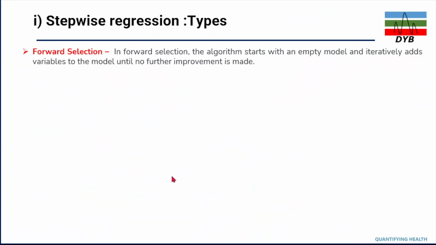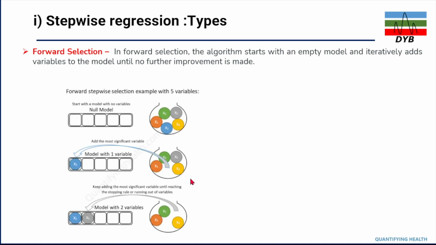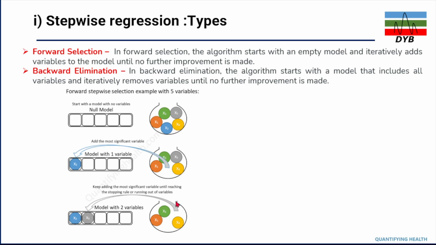There are some types of stepwise regression. First is forward selection. In forward selection, the algorithm starts from an empty model, and iteratively adds variables, such as one variable over here, until no further improvement is made, like the second variable. The second type of stepwise regression is backward elimination.